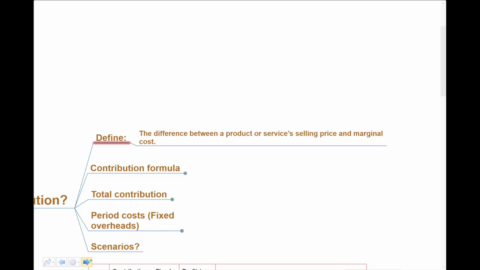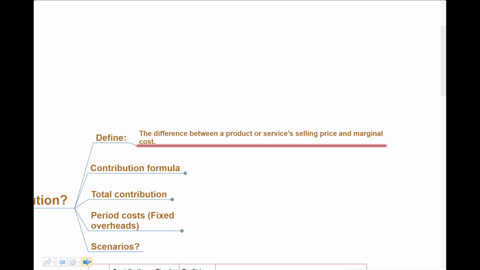And for marginal cost, we can broadly refer to variable cost. So we're saying, strictly speaking, this is not profit, this is contribution, because we're only bringing in our marginal cost.